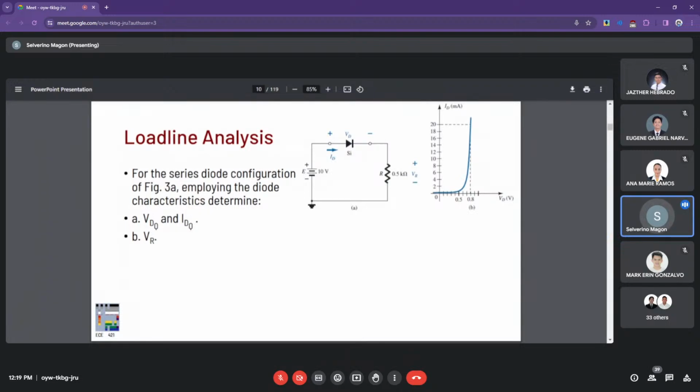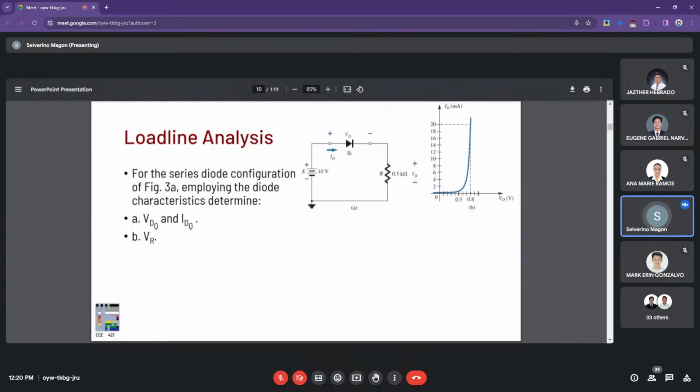And if you want to solve for the voltage across the load, here I think the load is the resistor R. So the voltage across that is V sub R. We just again perform KVL, and that VR here is equal to E, which is 10 volts, minus the diode potential at 0.7.